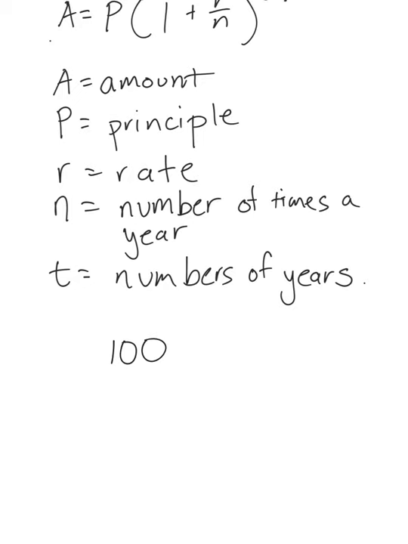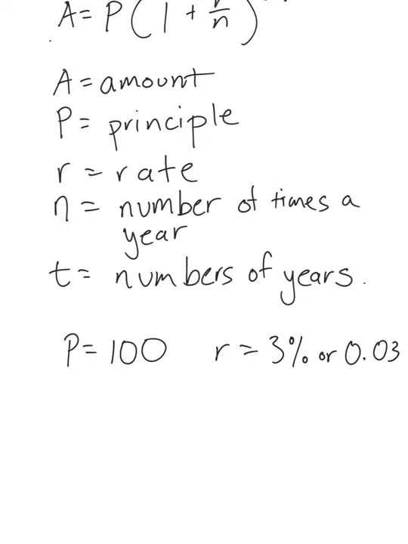We put in our $100 for our principal, and the rate. Usually, you don't get a very good rate for bank accounts, but let's say this is a very generous one, and their rate is actually 3%, or 0.03, which is what a percentage is in decimals.